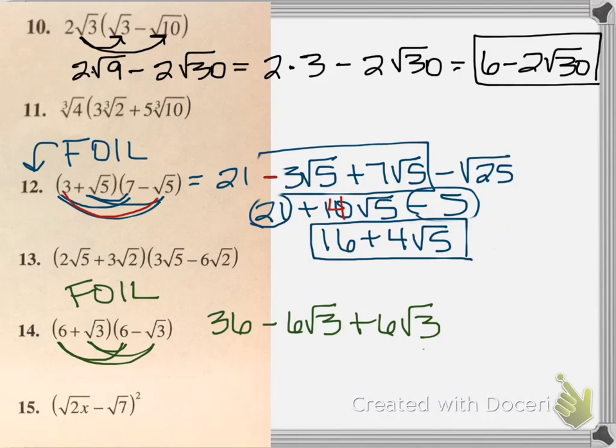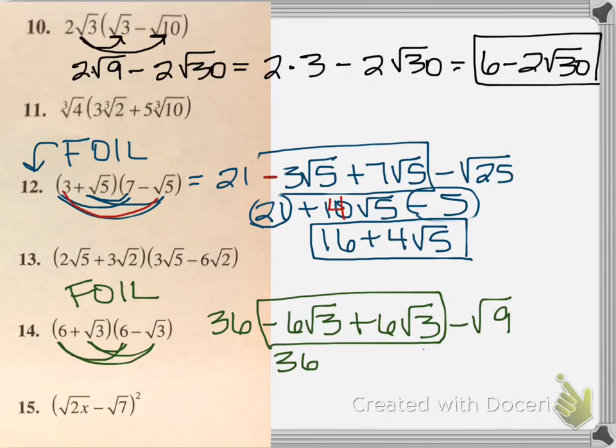And my last would be a negative square root 9. When I go to combine my middle terms, you'll notice that they cancel each other out, so I'm left with 36 minus the square root of 9 is 3. So on this particular problem, I get a nice, simple number as my answer, 33.